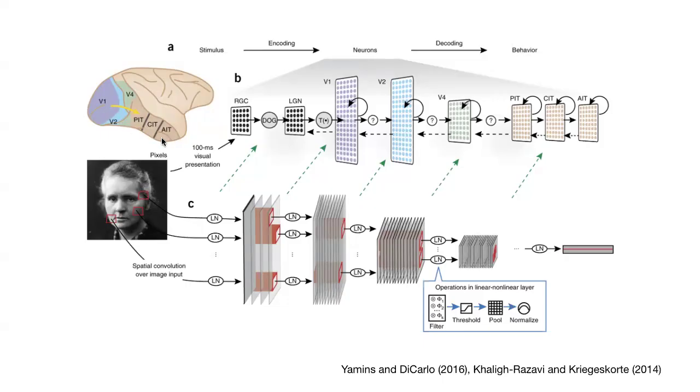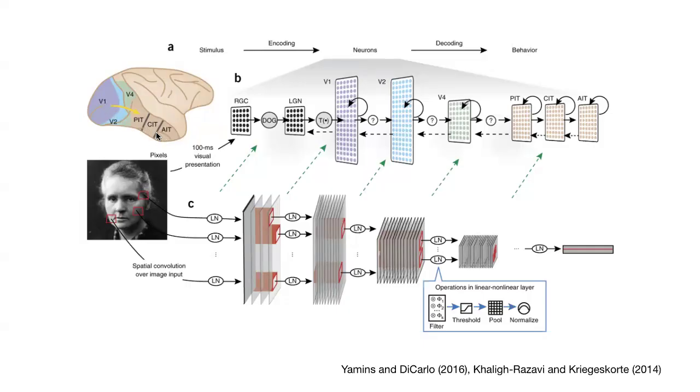The face area that I showed you, the one I showed you the recording from, is all the way down here. There is an area here called the fusiform face area. If there's damage to that, people start having difficulty recognizing faces. They get prosopagnosia. So there is a face selective area here.